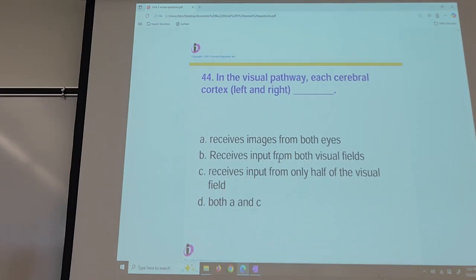Oh, is it A? Okay, so does the cerebral cortex receive images? No. It's not receiving images, it's receiving synapses. Does the cerebral cortex, left or right, receive input from both visual fields?